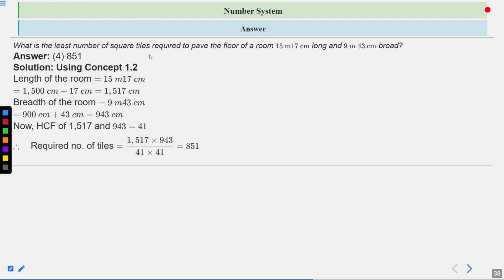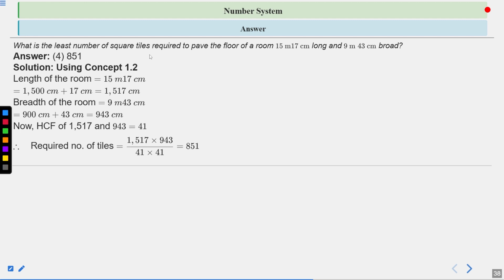The required number of tiles will be length times width divided by the area of one tile, which is 41 into 41, because the side of the square is 41. So 1517 multiplied by 943 upon 41 into 41. When we simplify it, we get 851 tiles. So the fourth one is the correct answer of this question. Next one.